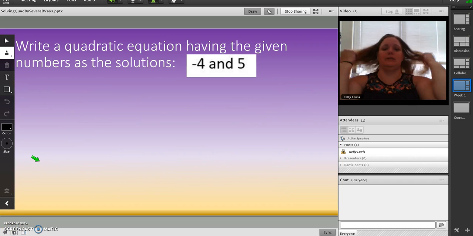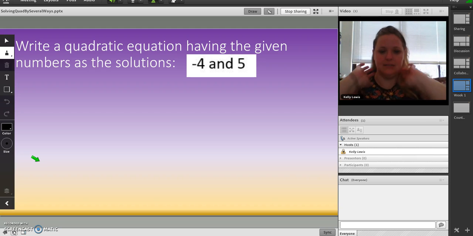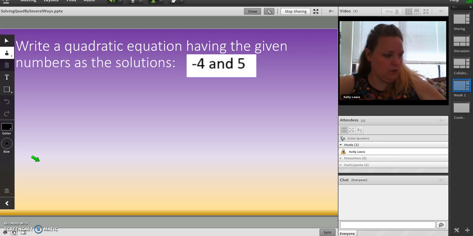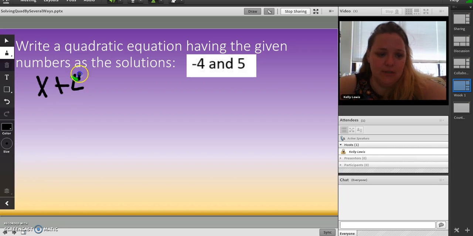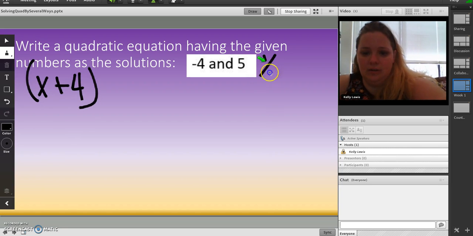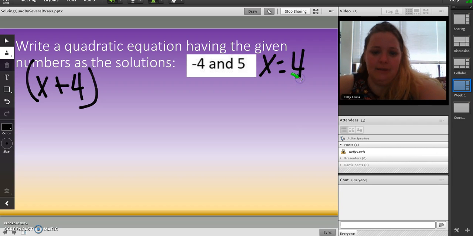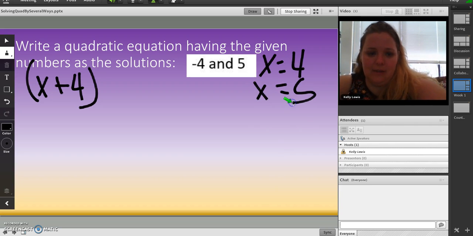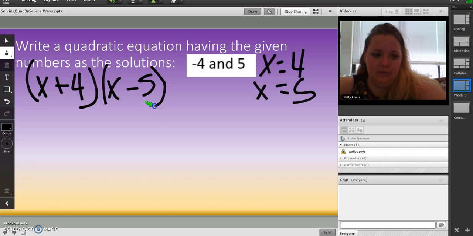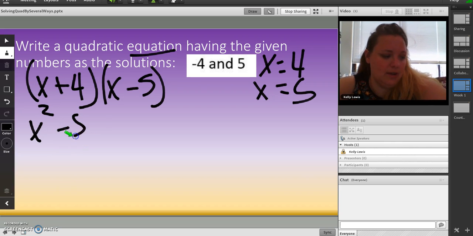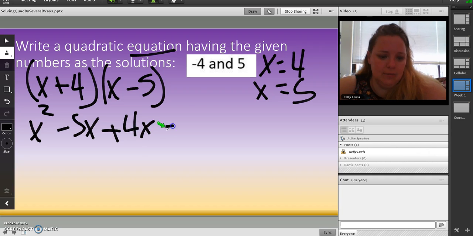All right, so write a quadratic equation having the given numbers as the solutions. So if x equals -4, then it would be x plus 4 as the factor. If x equals 5, the factor is x minus 5. And so if we want to write the equation, all we have to do is FOIL it. So that's x squared minus 5x plus 4x minus 20.